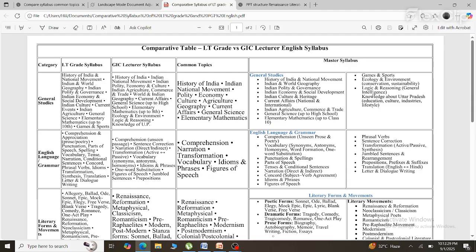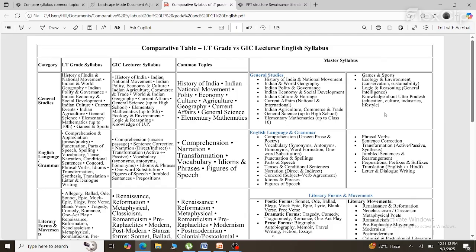English syllabus. I have used the LT grade syllabus, then the lecturer syllabus, and I am showing them back to back. I have tried to extract the common topics from both syllabuses, and based on these common and uncommon topics, I have prepared a master syllabus.